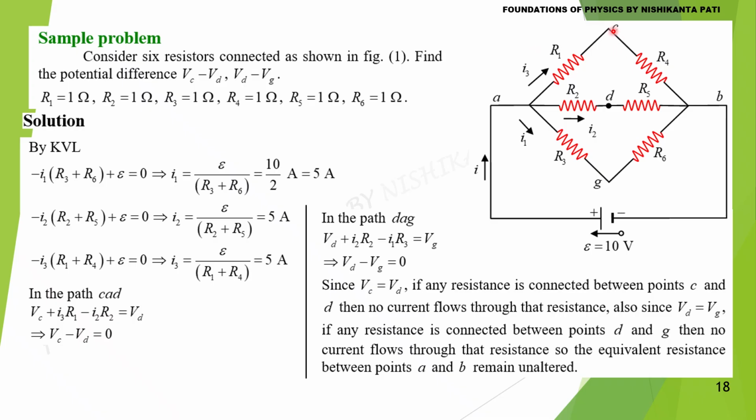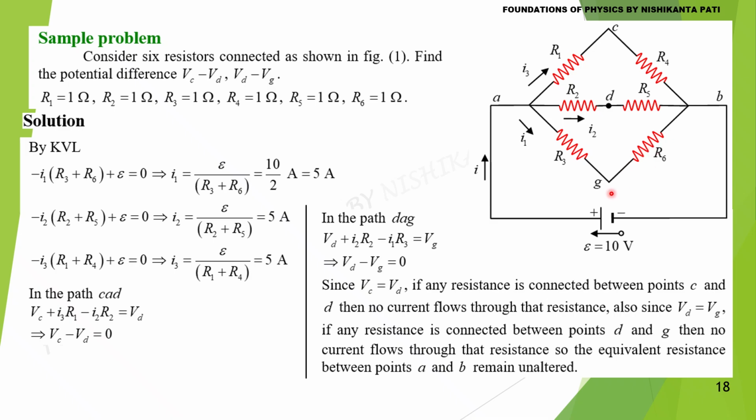So if a resistor or a connecting wire is connected between C and D, similarly if a resistor or a connecting wire is connected between D and G, there is no current in this path, also there is no current in this path.